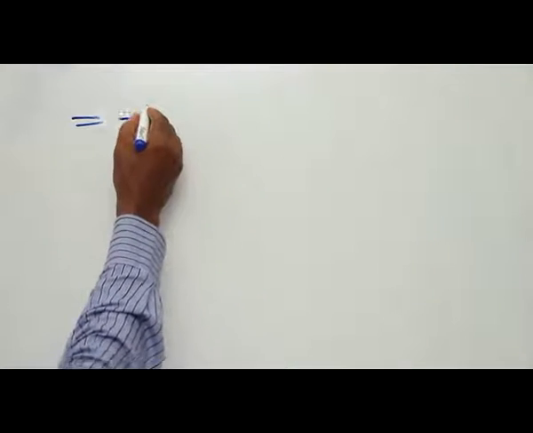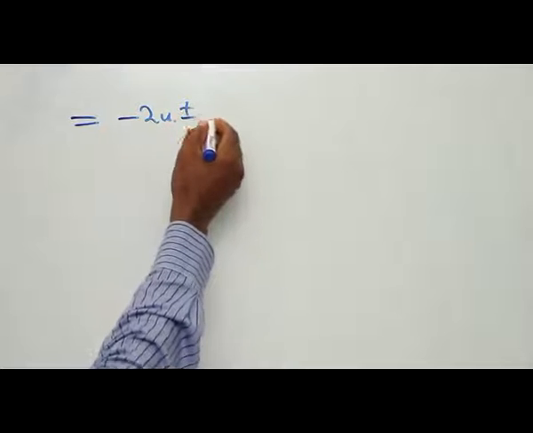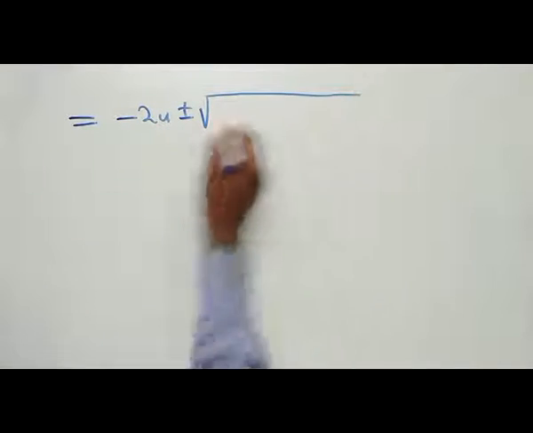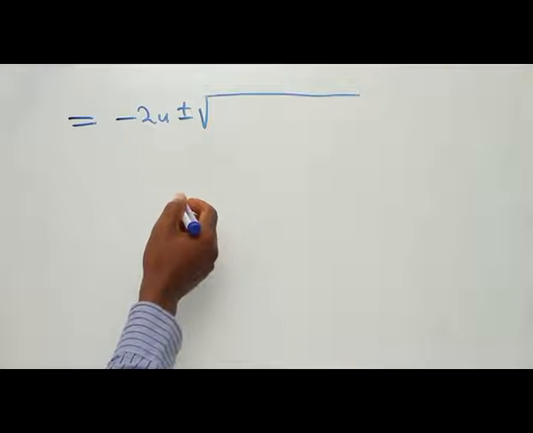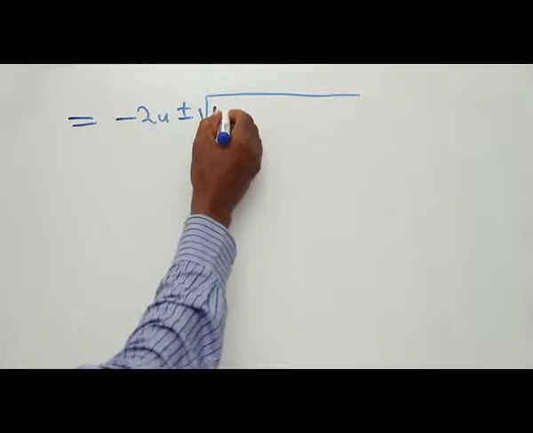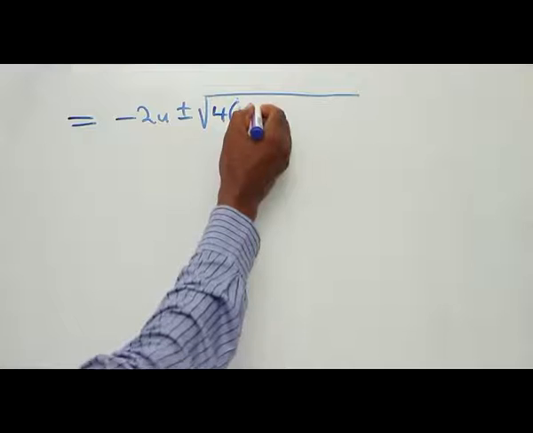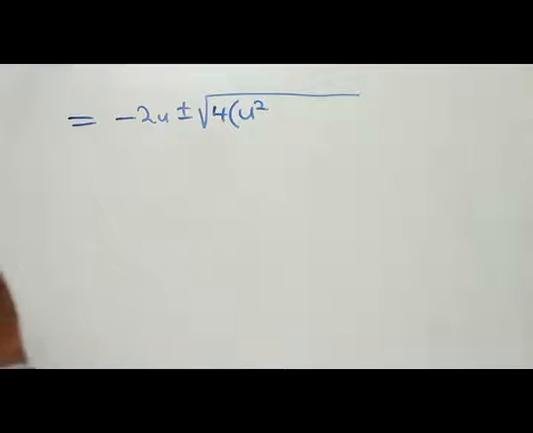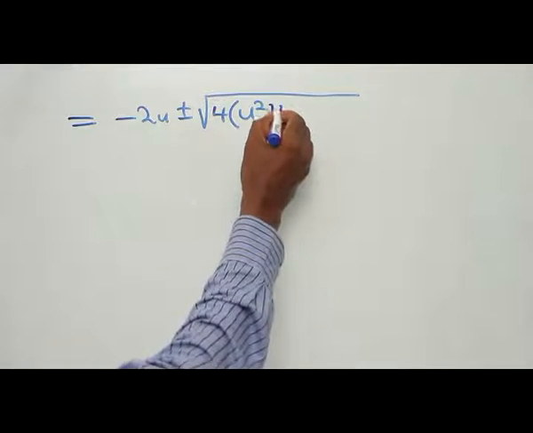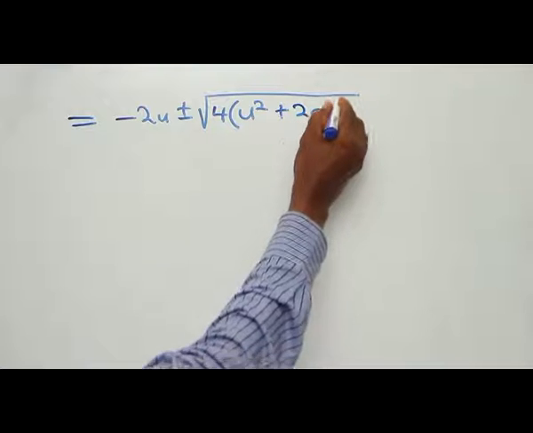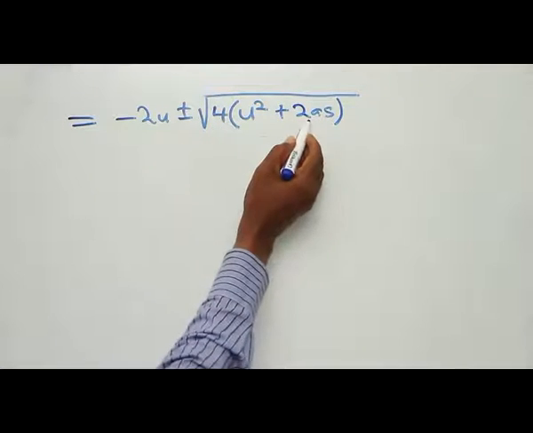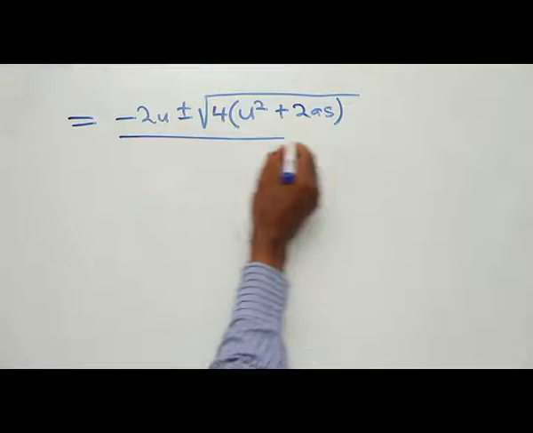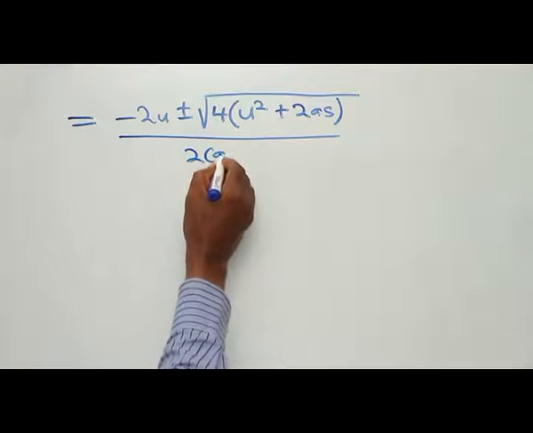If you observe 4u squared and plus 8as, 4 is common, so we factorize that. So this is your u squared and then plus 2as. 4 times u squared is your 4u squared, 4 times 2as is your 8as. Everything here will be divided by 2a.